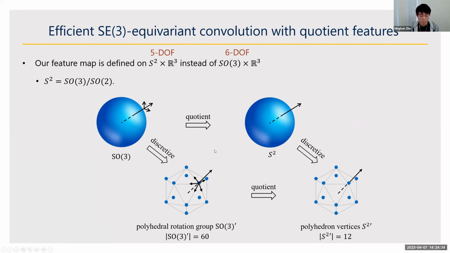And in practice, we work on a discretized setup, as we just mentioned. Therefore, the ball, SO3, can be discretized as a polyhedron. Here we are using an icosahedron with 12 vertices. The SO3 rotational group can be discretized into the rotations of the polyhedron that keep all the vertices unchanged.